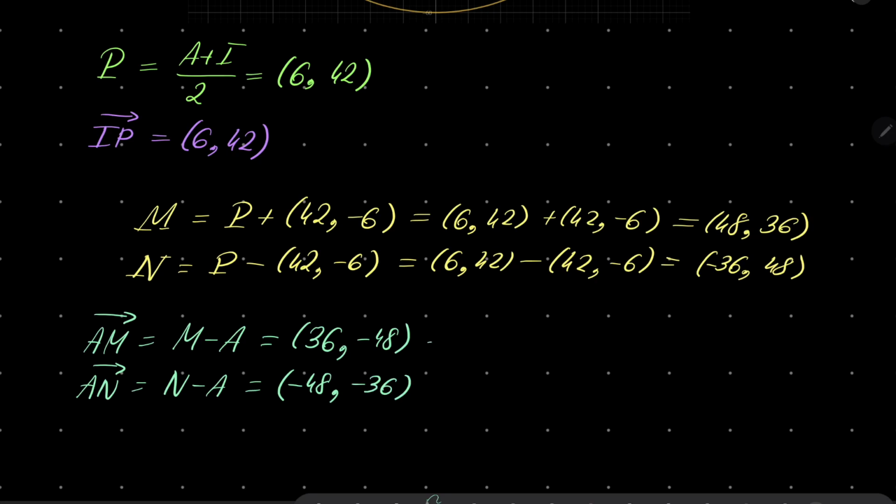And also let's notice that they are both multiples of 12: (3, -4) and (-4, -3).